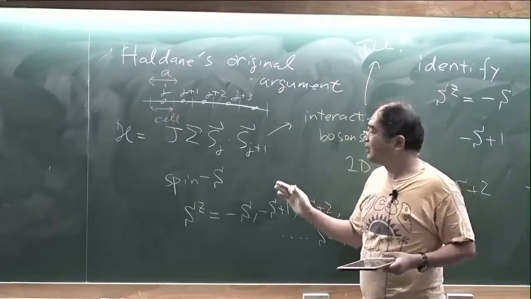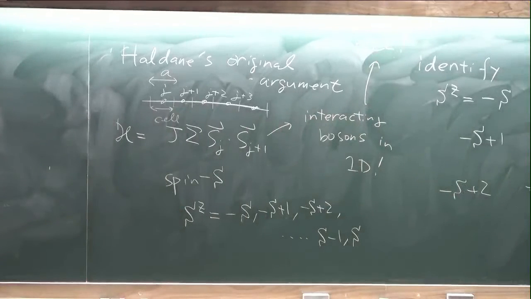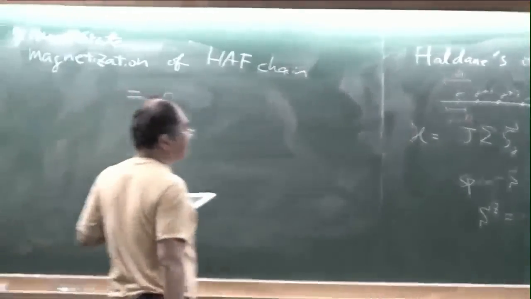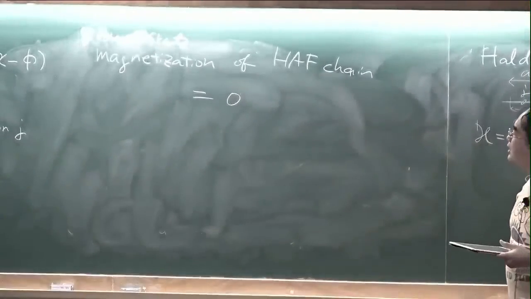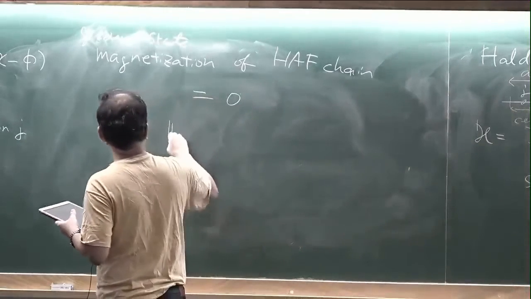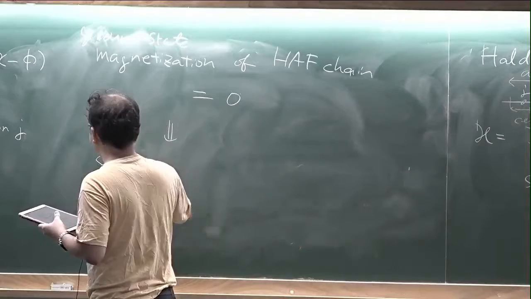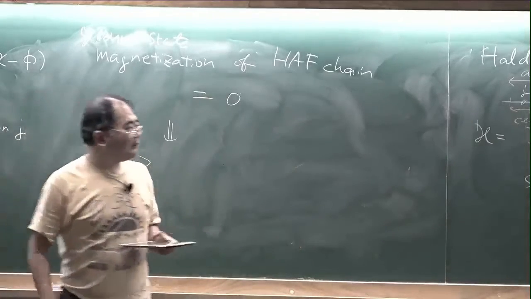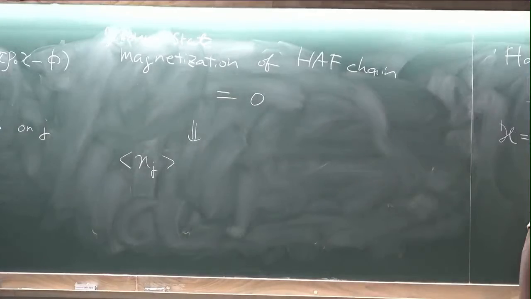That we knew from a different argument. So the magnetization of the ground state of this Heisenberg antiferromagnetic chain must be 0, which means that the average of this particle number must be half of 2S.